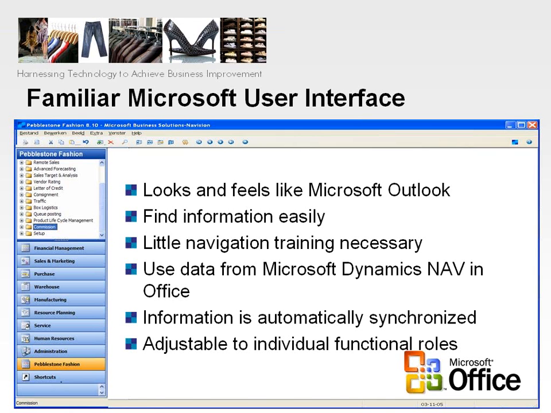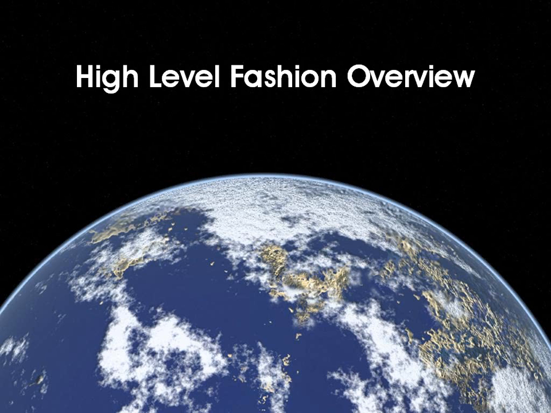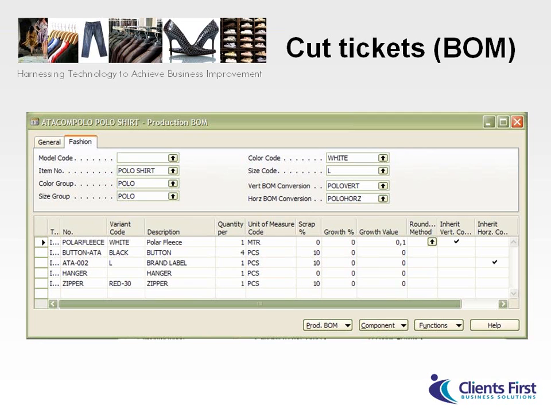I'm going to go through some of the high-level functional differentiators that Pebblestone has brought to the table with the Dynamics NAV Pebblestone Fashion Solution. The screen you're looking at is an example of a cut ticket, also known as a production bill of material. And the unique functionality provided within this solution accommodates not just an inventory item or a list of components, but multiple units of measure, scrap percentages, growth factors, rounding methods, and the variants or the components associated with an item or style.